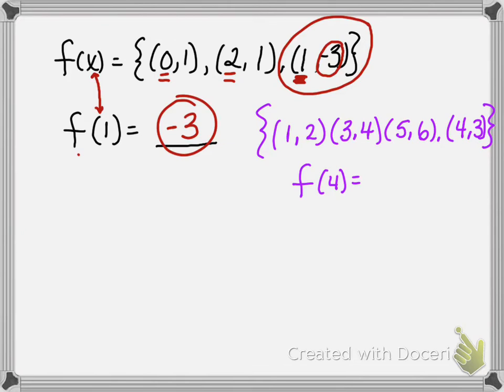So I want to know, when x is 4, what is my output? And you're like, oh, this one? I'm like, no, no, not that one. This one, when x is 4, y would be 3. There we go. All right, on to the next one.